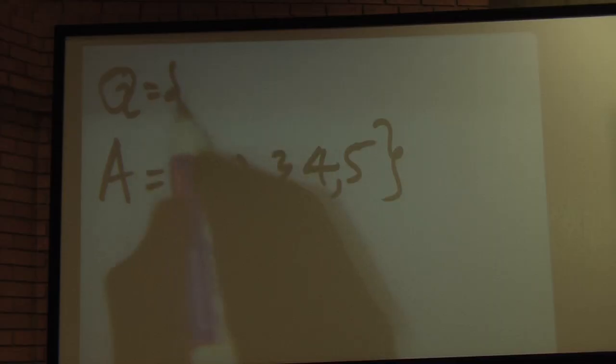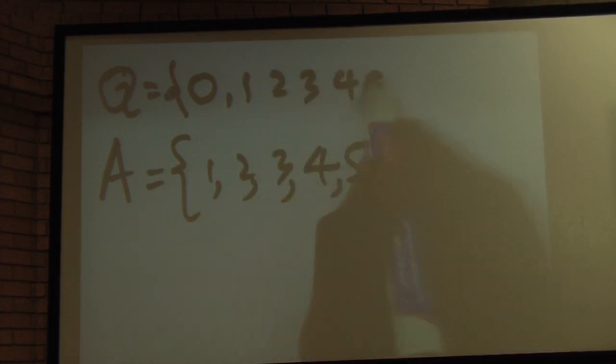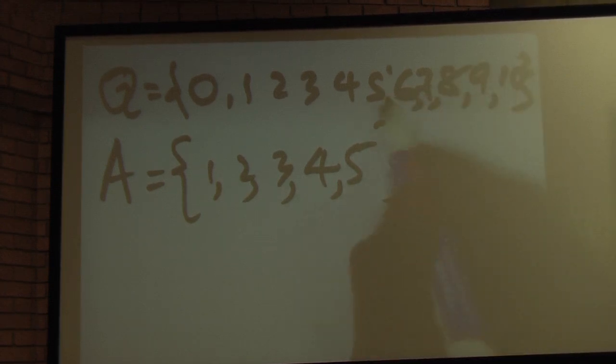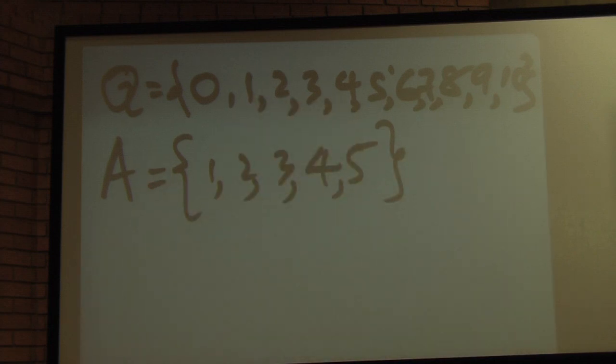To talk about the complement of a set, we need to have the universal set. Let us say the universal set was the set of whole numbers up to 10, so it would be 1, 2, 3, 4, 5, 6, 7, 8, 9, and 10. That represents our universal set. Now, the complement of set A would be members that are not found in set A but are found in the universal set.